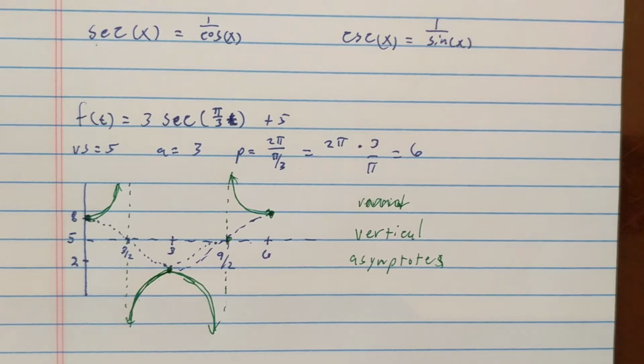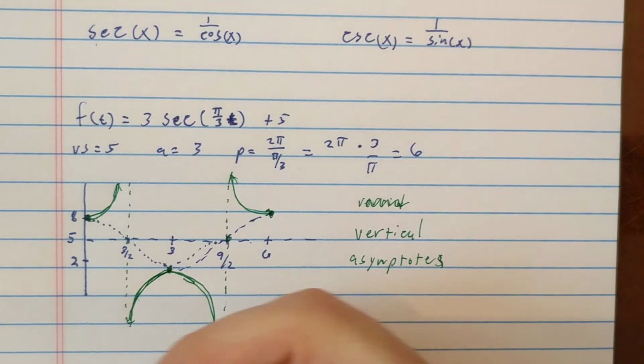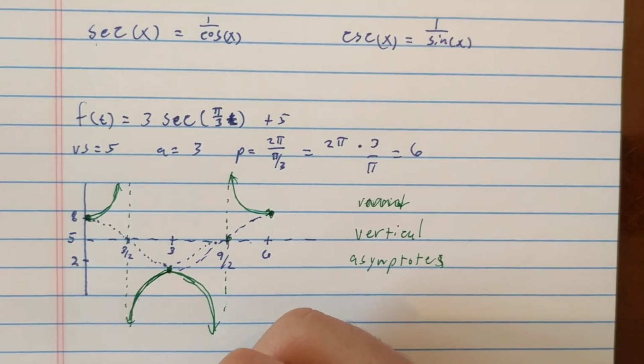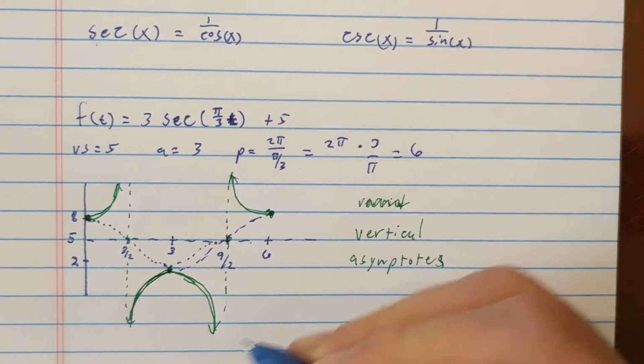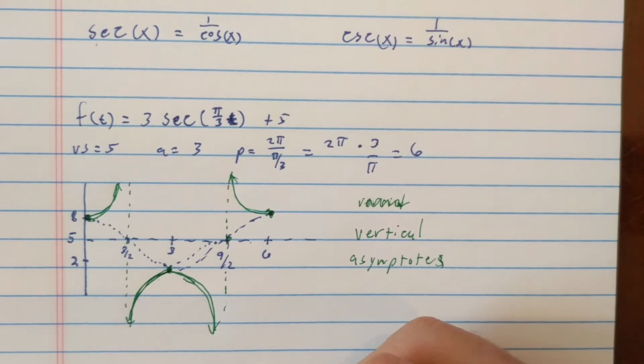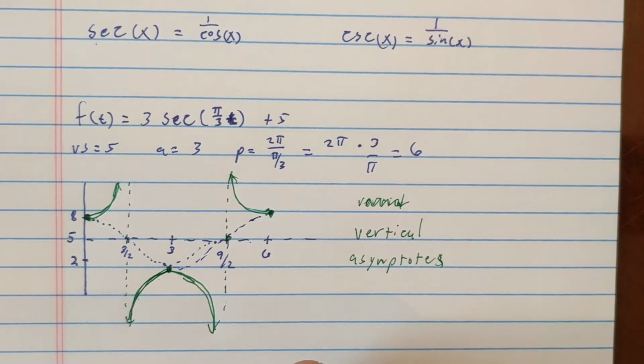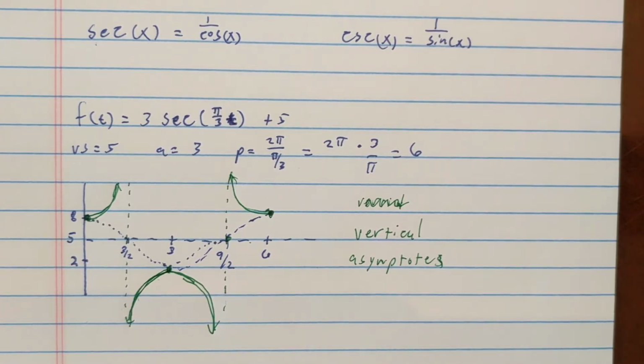So let's do cosecant here, just a little reminder. So f of x equals, we'll do -2 cosecant of 2x plus 7. I don't know, that seems reasonable. So we'll do our vertical axis here and our horizontal one right here.